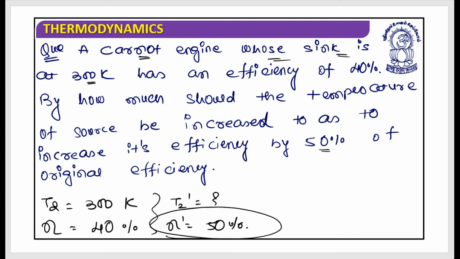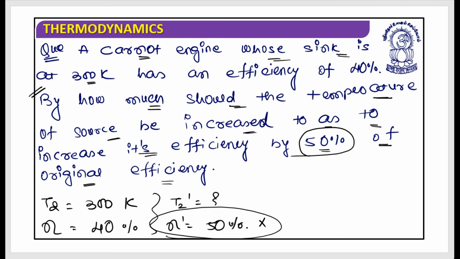If your answer is yes, you are absolutely incorrect. Go through this data one more time. Read from here. What does he say? He says, by how much should the temperature of the source be increased so as to increase its efficiency by 50% of the original efficiency.